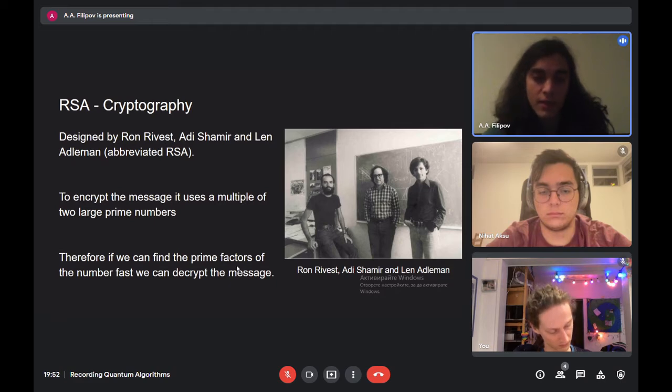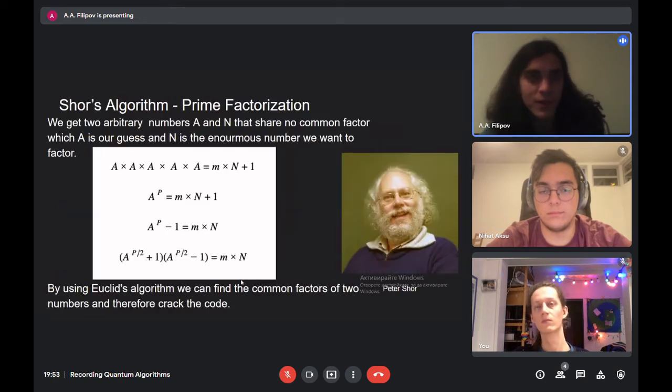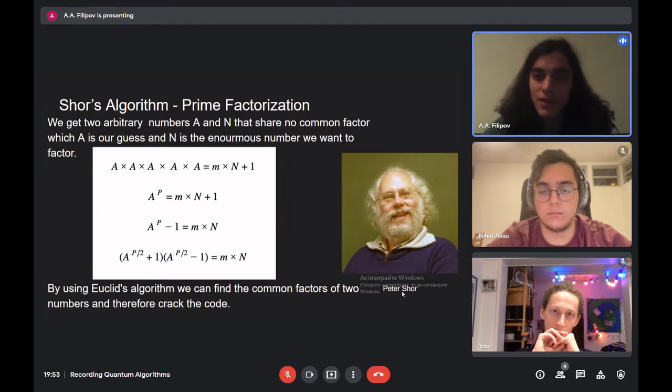It needs a tremendous amount of time on a classical computer, until Shor came in and found a way to break this code really fast with the usage of quantum computers.